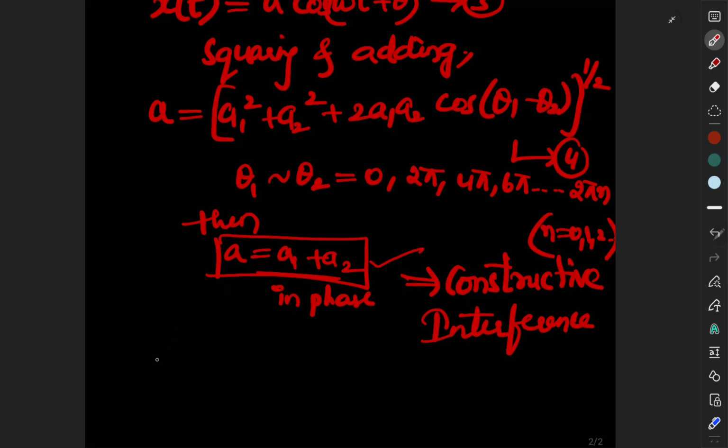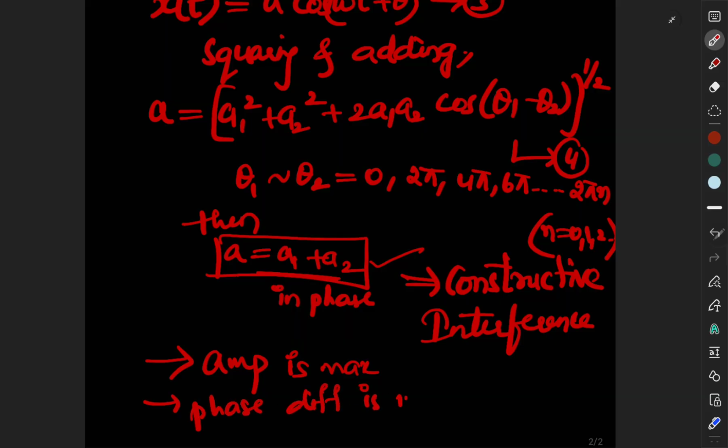Hence, for constructive interference, we can say a few points. We can say that amplitude is maximum. We can say that phase difference is an integral multiple of 2 pi.